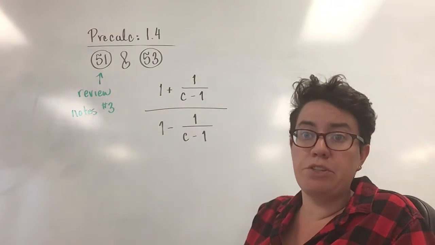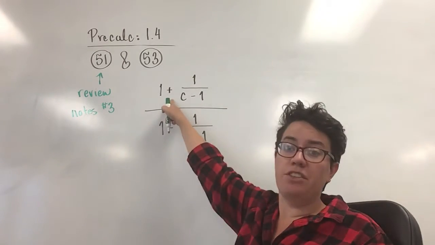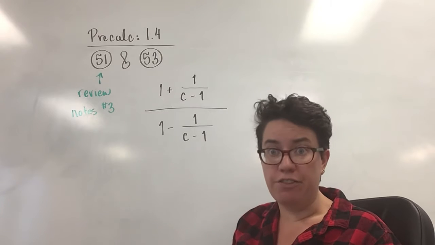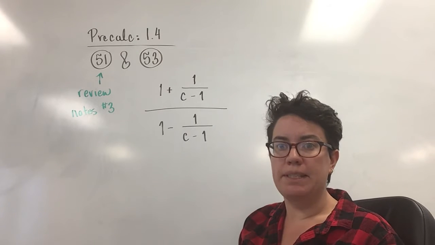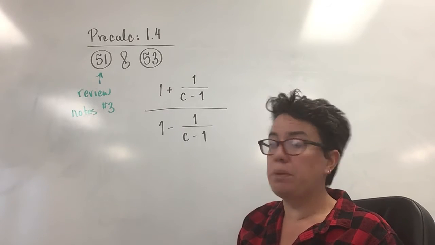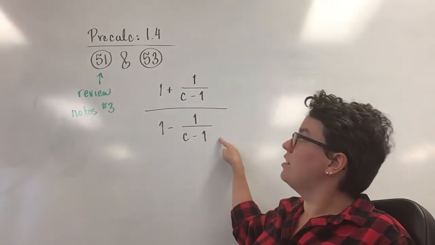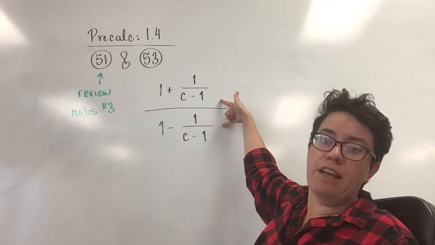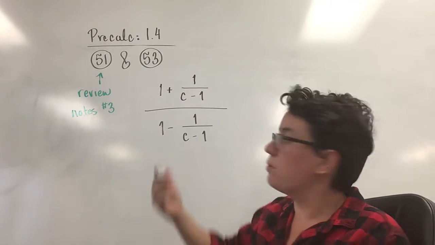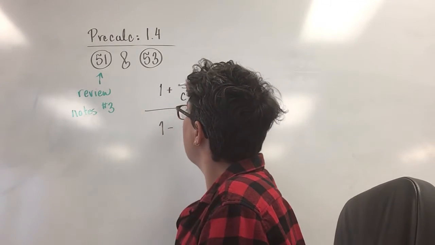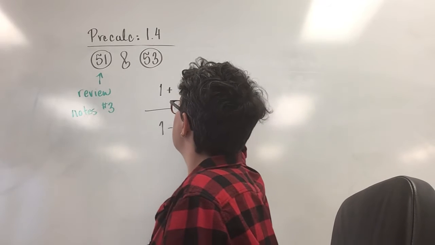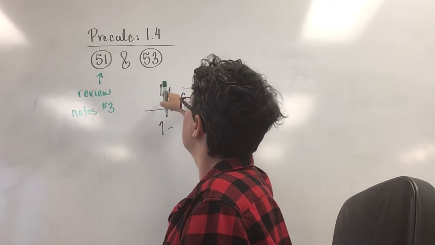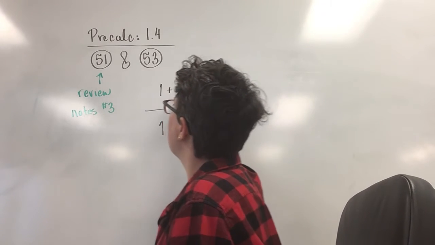And what I recommend doing, since we also have addition and subtraction and fractions, we're going to use a common denominator. One thing I'd hope that you've noticed is that we've got 4 sort of terms. 2 of them already have the denominator c minus 1. So we're going to give everything the denominator c minus 1, if we want to do it that way.